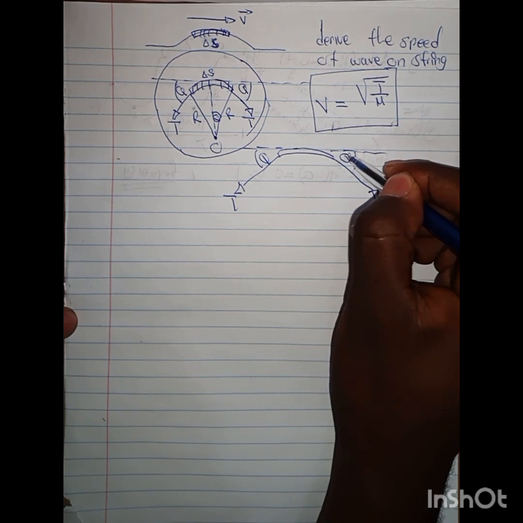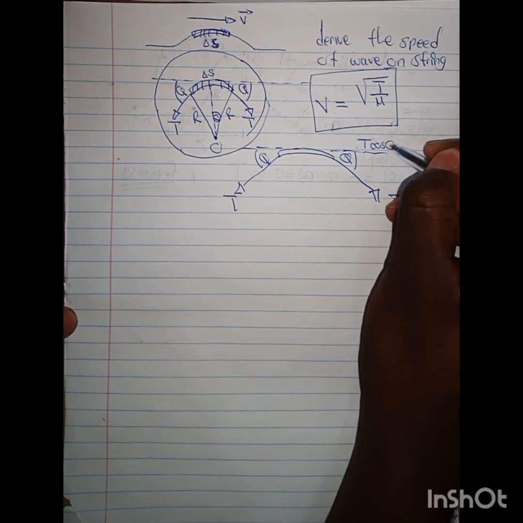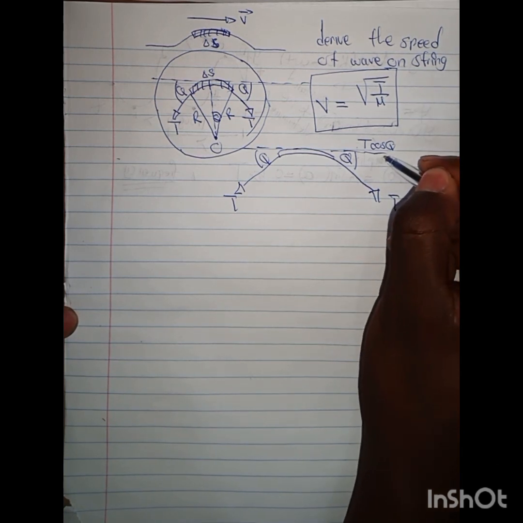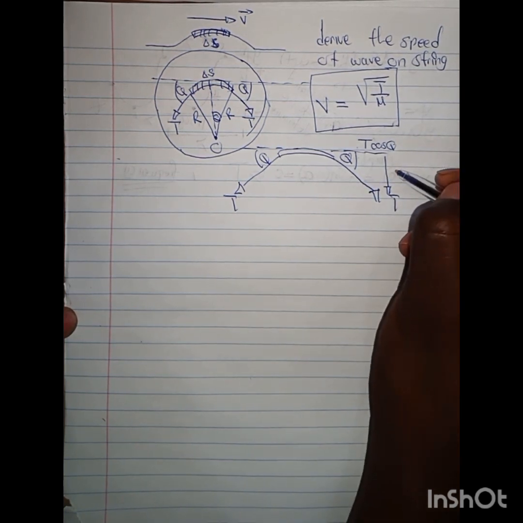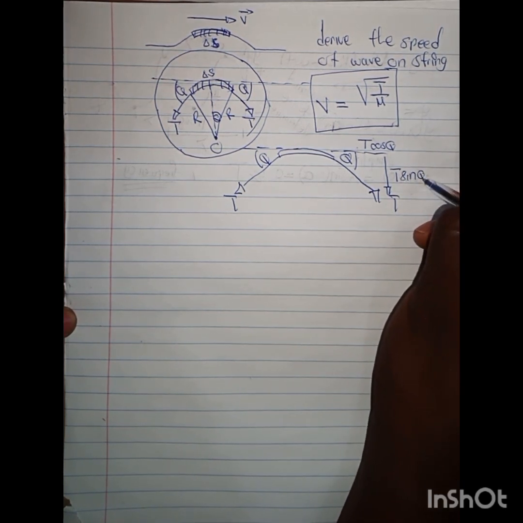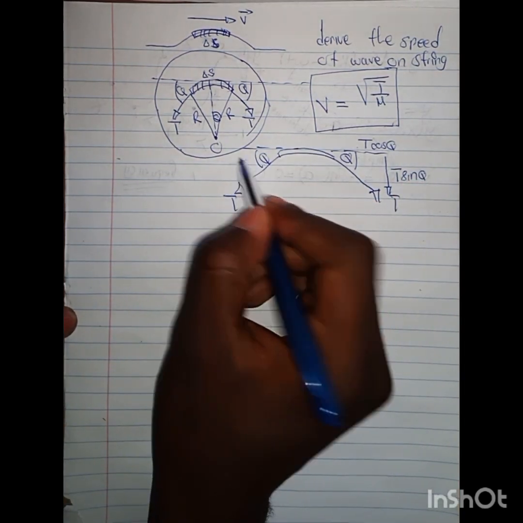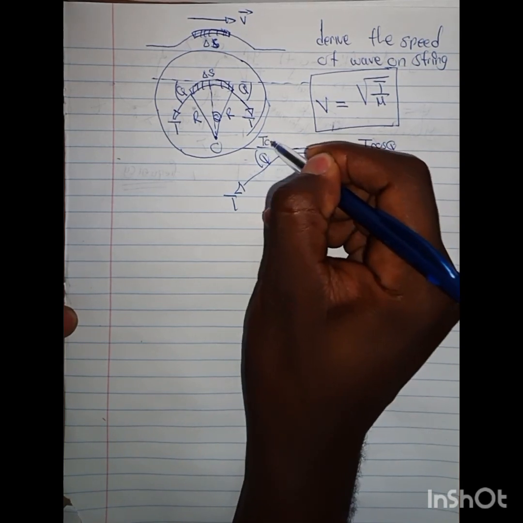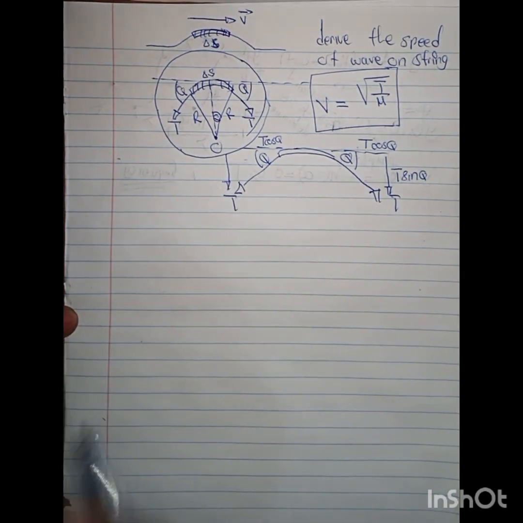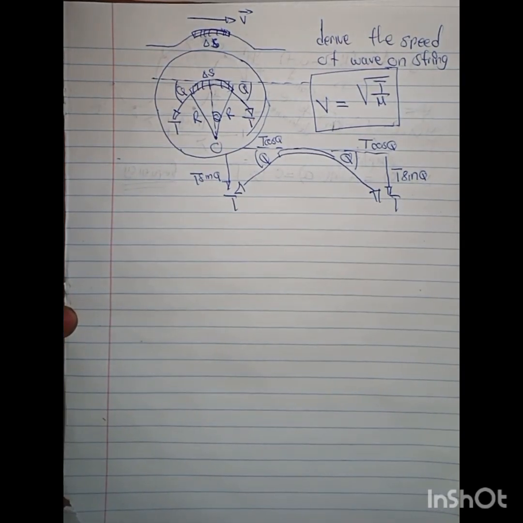If this is our angle, here we must have T cosine of the angle on the x-axis, and on the y-axis we have T sine of the angle for this tension. Also for this tension over here, we have T cosine of the angle, and on the vertical axis T sine of the angle.